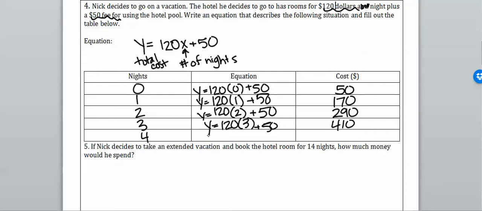And finally, 4 nights, y equals 120 times 4, so that's 480. Oops, that's supposed to be a plus sign. Plus 50. So 480 plus 50 is 530.